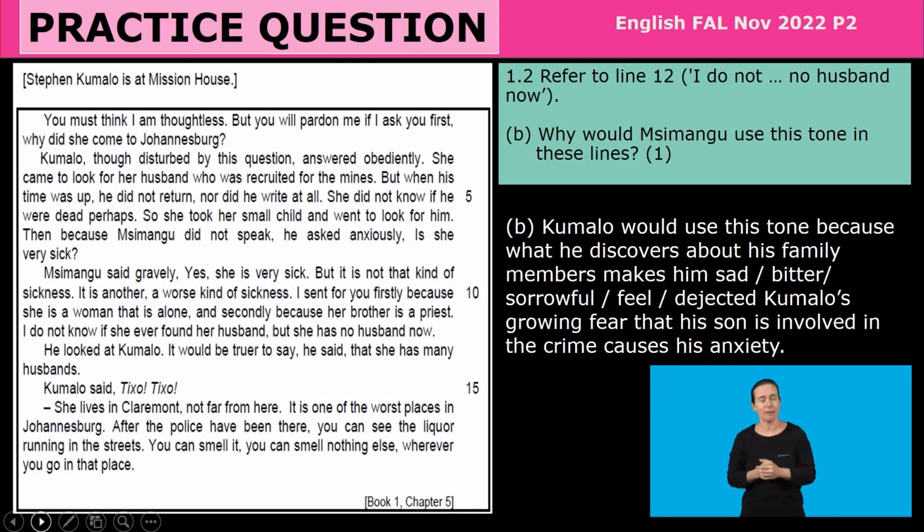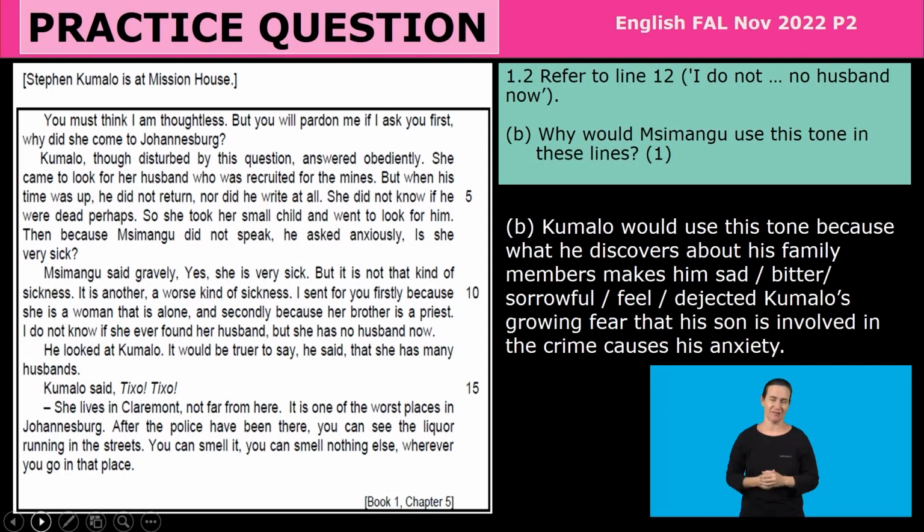So Khumalo would use this tone because what he discovers about his family members makes him sad, which means what he learned about Gertrude's disappearance did not leave him very happy. It left him feeling rather sad and hopeless and dejected. Khumalo's growing fear that his son is involved in the crime also causes his anxiety, all right?